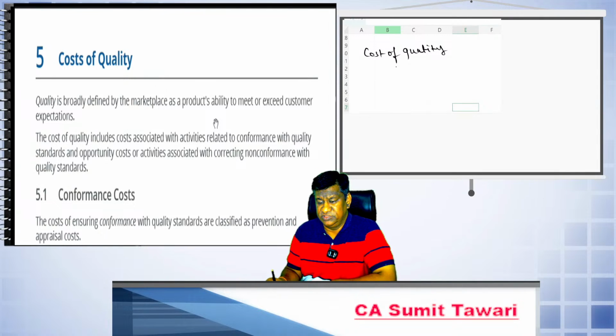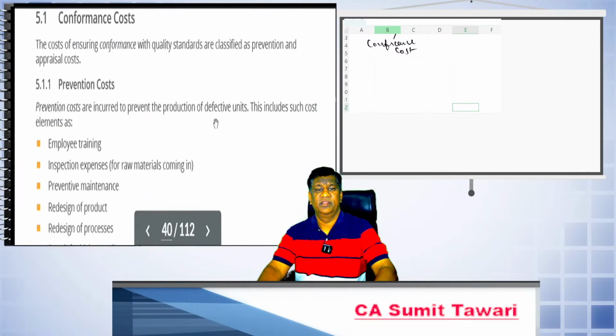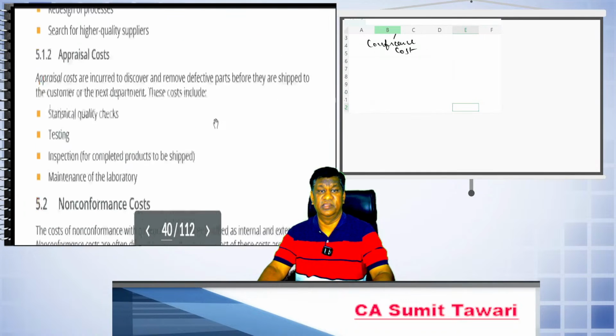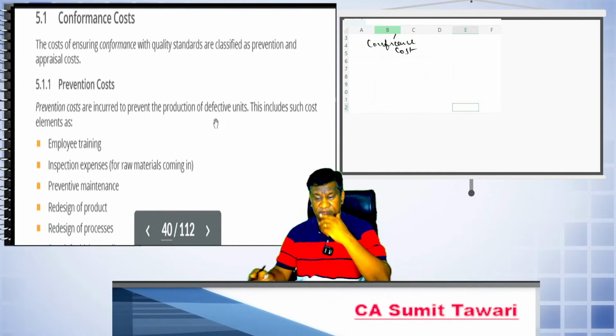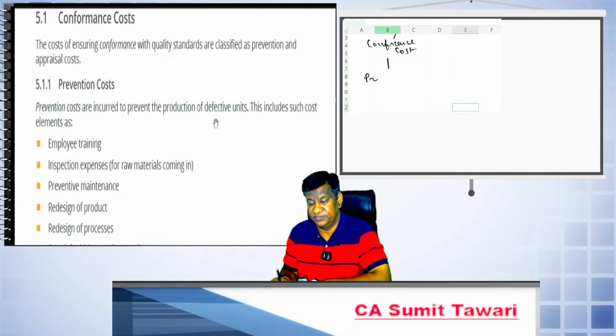The first is conformance cost, and it has appraisal and internal failure. Conformance cost is basically the prevention cost and the appraisal cost.